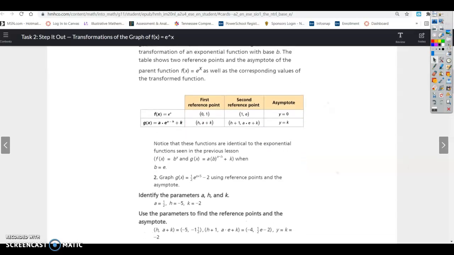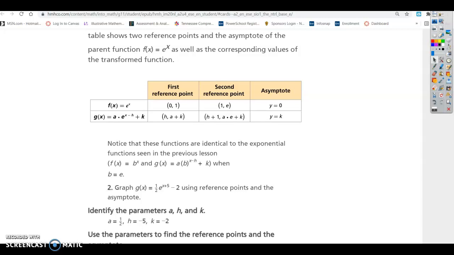All right, so as you can see, f of x equals e to the x, and it gives you the reference points just like we did in the previous lesson. And then the a and the h and the k are going to be found the same way as well.